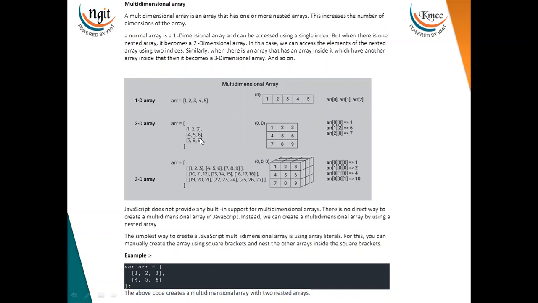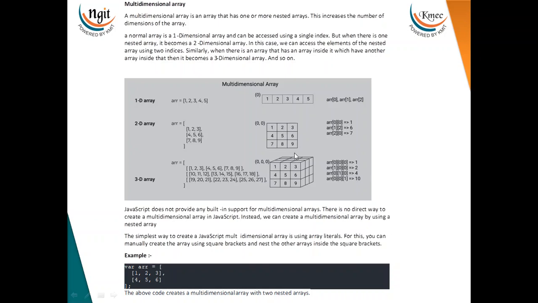In 2D, we are going to have rows and columns. So this is a of zero, zero. The first index means the row, and the second index means the column.